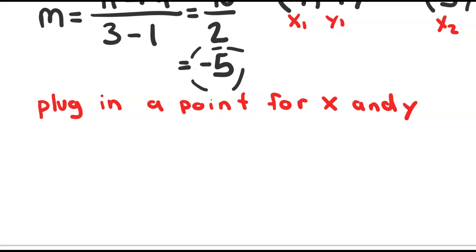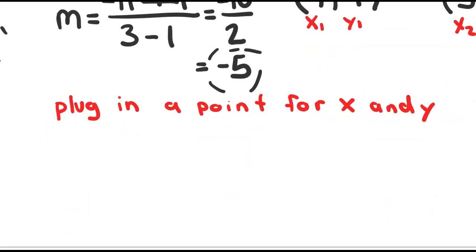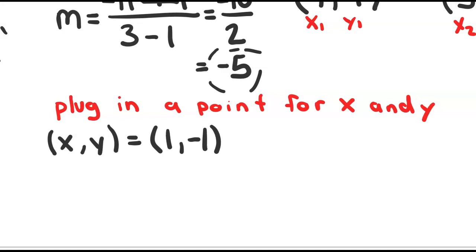I always like to choose the one that has smaller numbers. So we're going to use this 1 and -1. That's going to take the place of our x and our y. X is going to be subbed in for 1. Y is going to be -1 subbed in for y. We know what our slope is. We know our m value is 5. B, we don't know what b is. B is what we're trying to find.